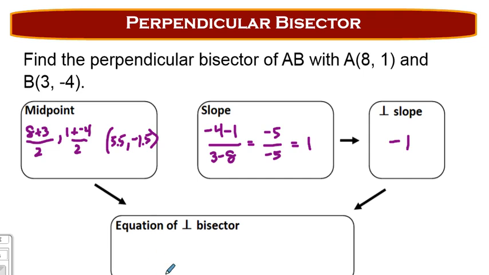And so then I can write the equation of my perpendicular bisector. y, my y value is negative, so it's going to be minus negative 1.5, which means I'm actually adding, equals my slope, which is negative 1, times x minus 5.5. And there we go, we've got that one done.